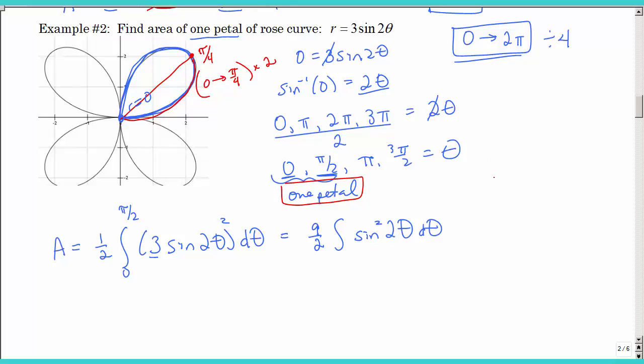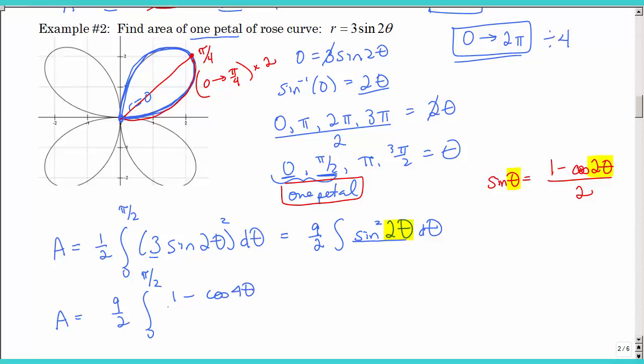Well, I have to now know that the sine squared of theta is equivalent to 1 minus the cosine of 2 theta divided by 2. Look at this angle. That's theta, that's 2 theta. So if that's 2 theta in my problem, then I need a 4 theta. Being very careful. So my area is 9/2 between 0 and pi over 2. And in place of this, I'm going to have 1 minus the cosine of 4 theta divided by 2.